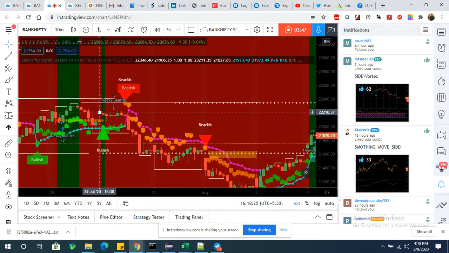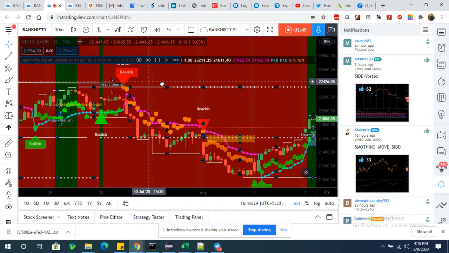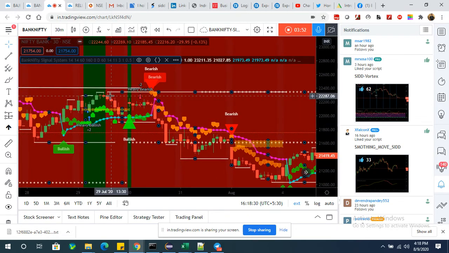And if you are in short trades, near the support area, if support is getting broken, then you can continue the trade.